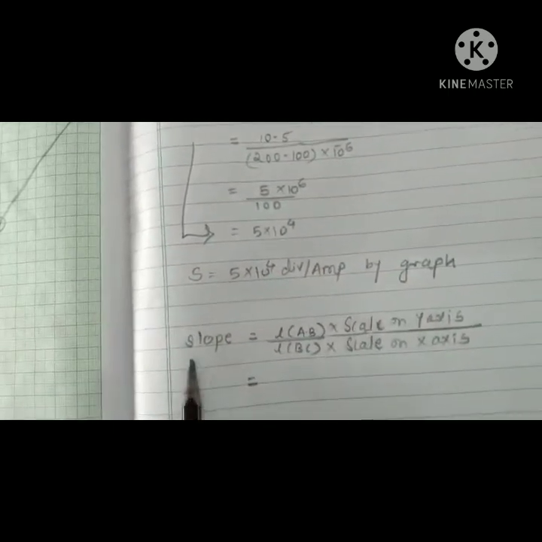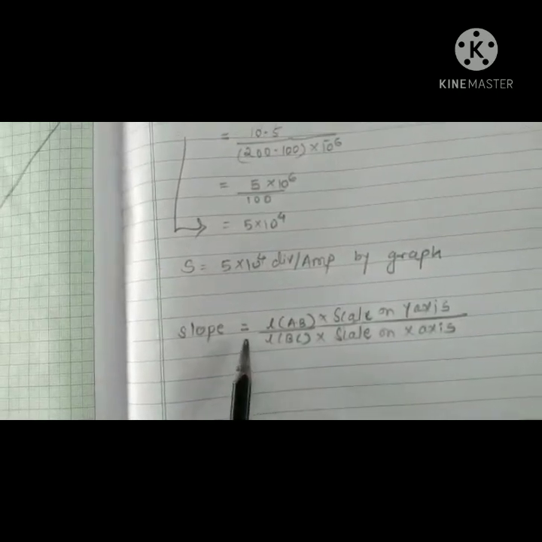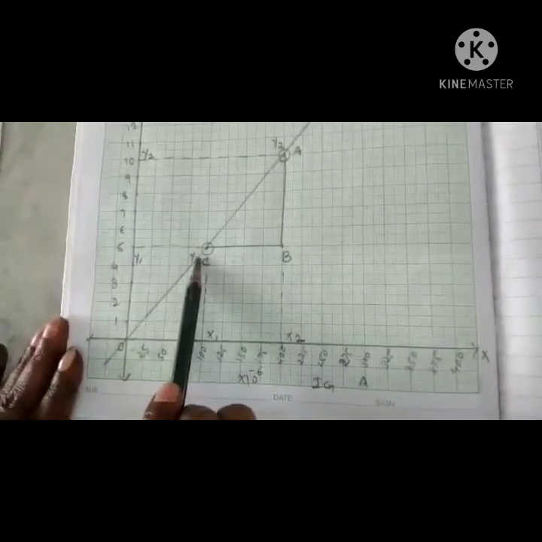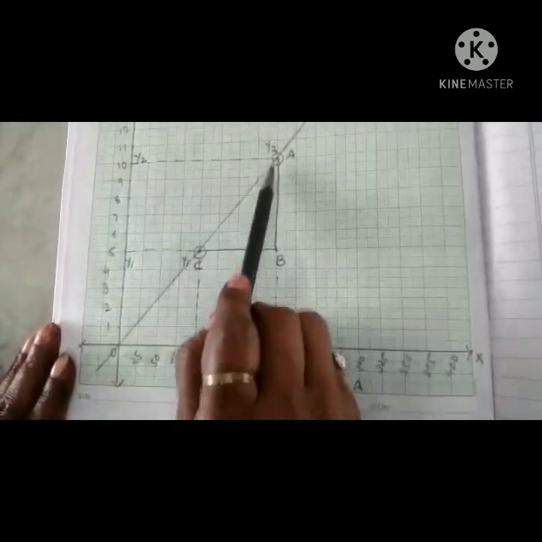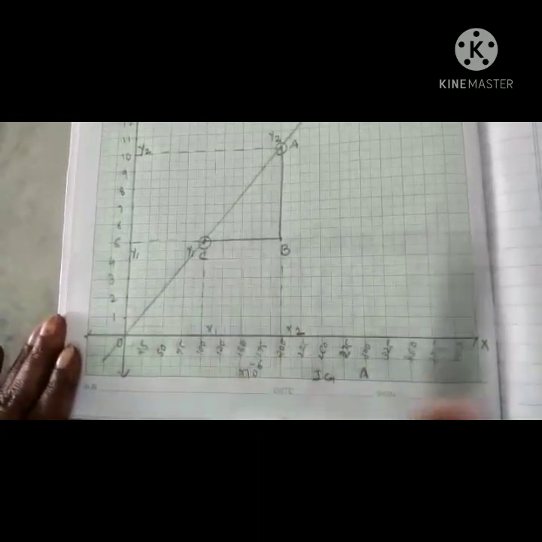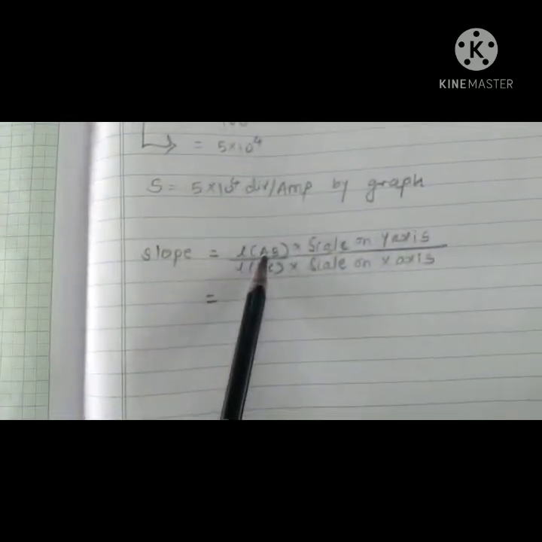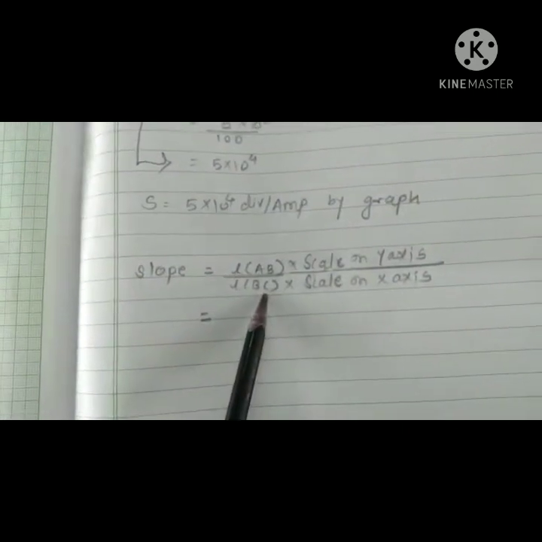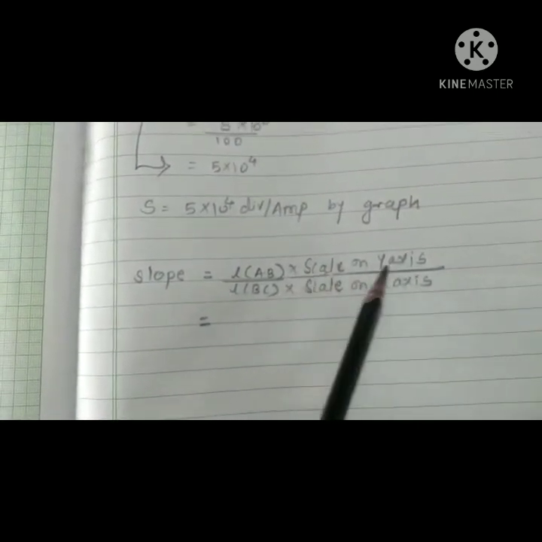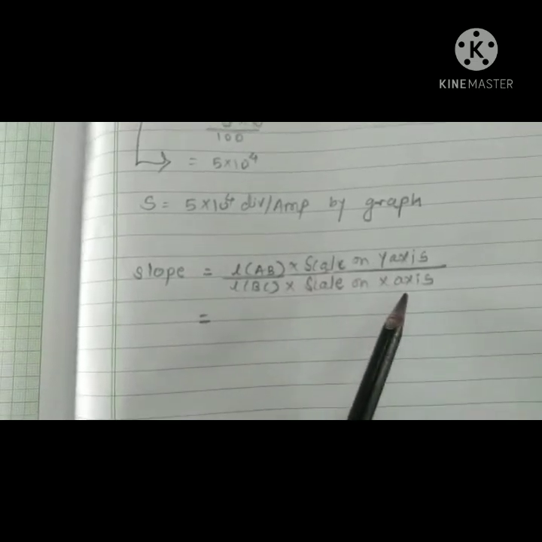Now the second method of finding slope. Focus on this triangle A, B, C. Slope is equal to length of AB divided by length of BC into scale on y-axis divided by scale on x-axis.